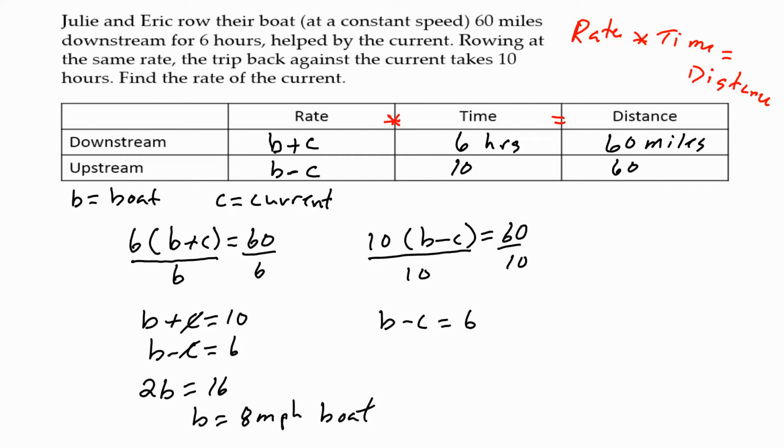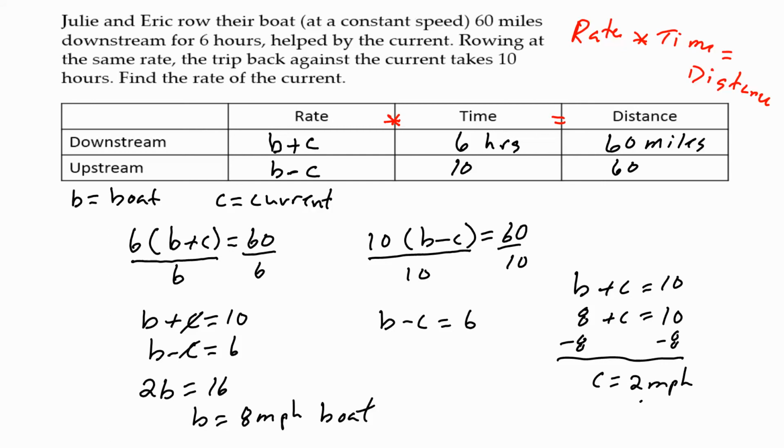So we can take any of these equations. I'll take the first one. B plus C equals 10, and I'm going to substitute 8 for B. And then simplify, solve for C. So C equals 2 miles per hour for the current. And that's our answer.